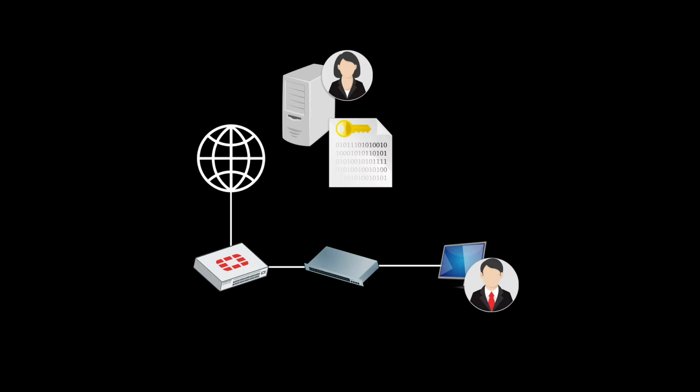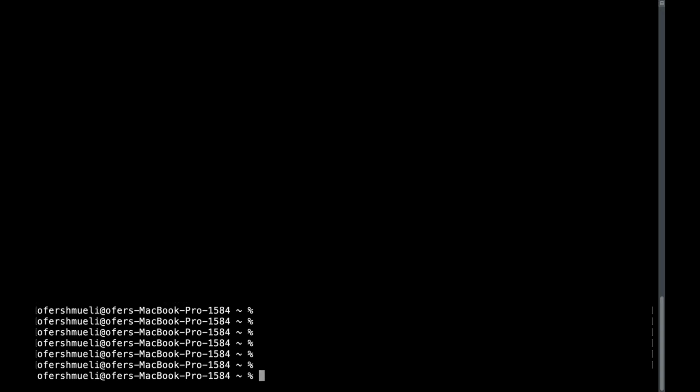When Eve encrypted her message, she actually used symmetric encryption, and the key that was used by the algorithm was known also to Bob. Let's just take a look at the terminal and let's just make it bigger, and let's generate a random key.